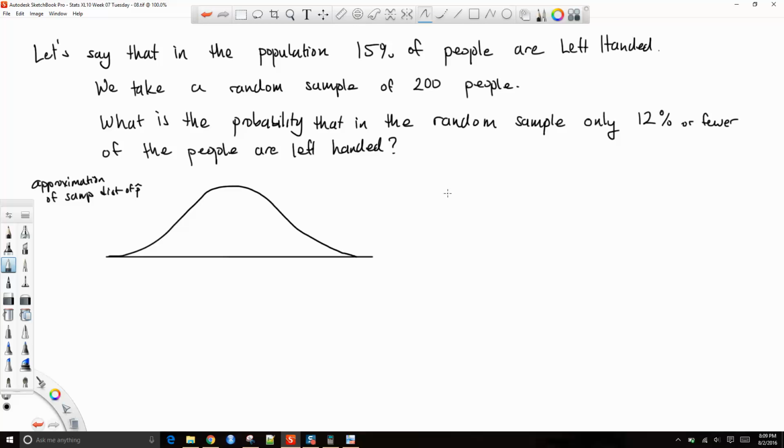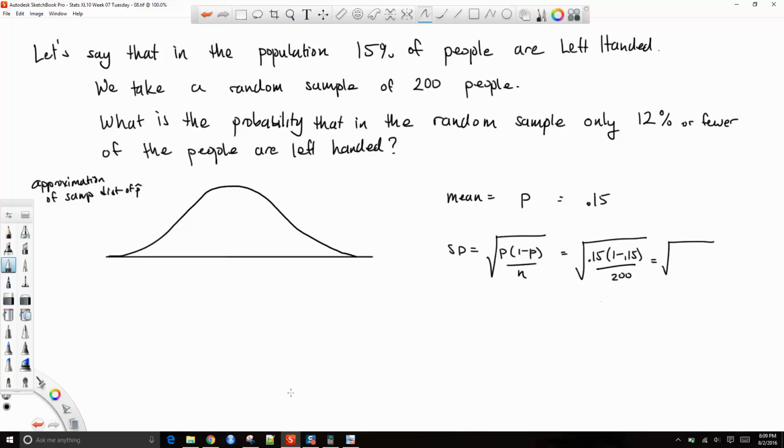The mean is equal to p, and the standard deviation is equal to the square root of p times 1 minus p over n. Here p is equal to 0.15, and the standard deviation is the square root of 0.15 times 1 minus 0.15 over n, which is 200.